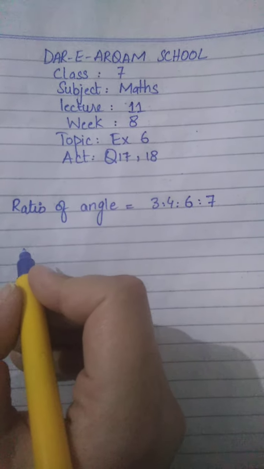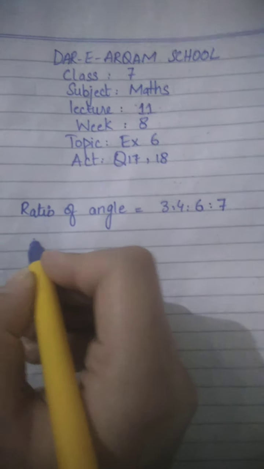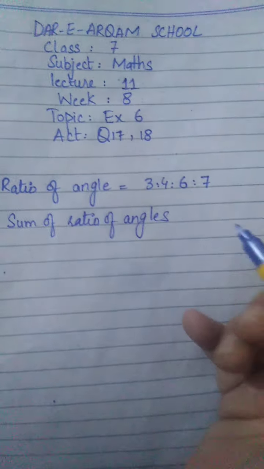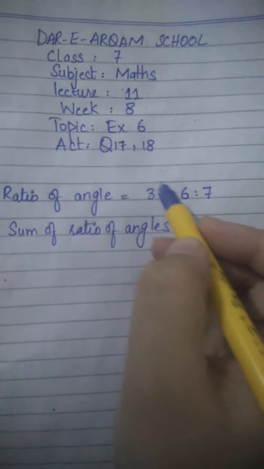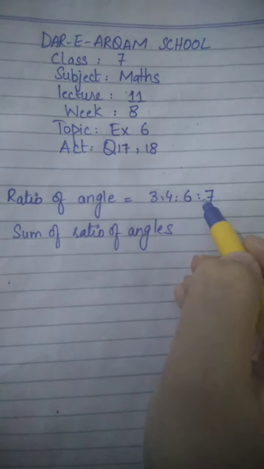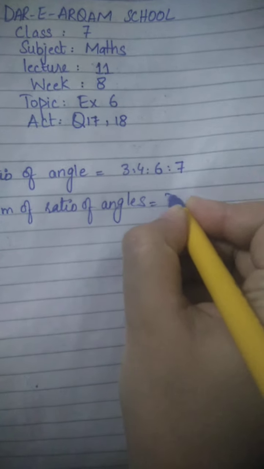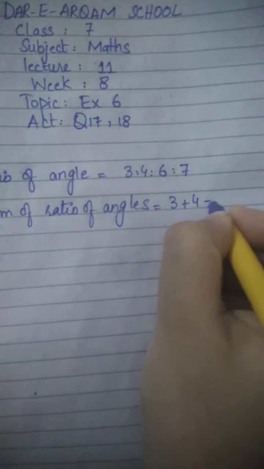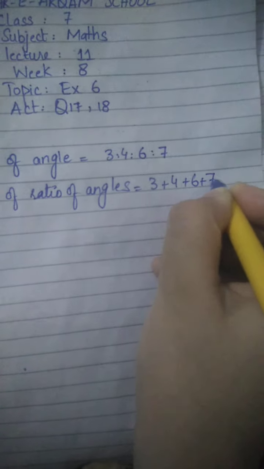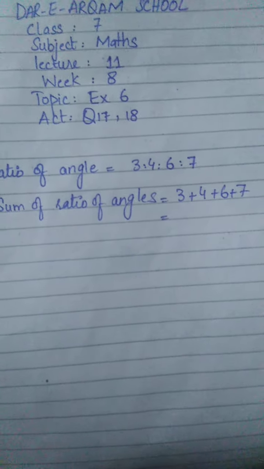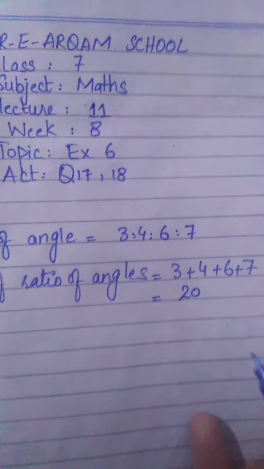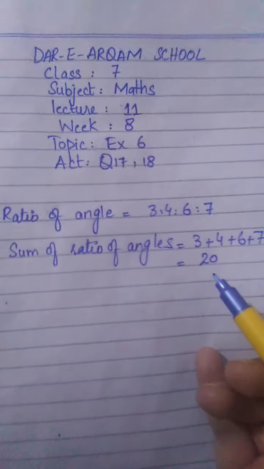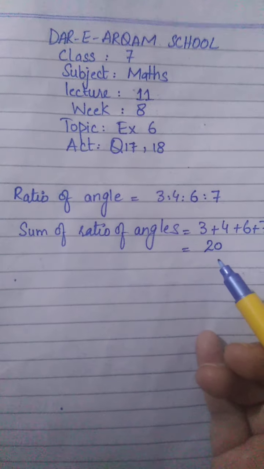How do you find the sum of ratios of angles? You simply add all the ratios. So add them, and you will get the sum of ratios.